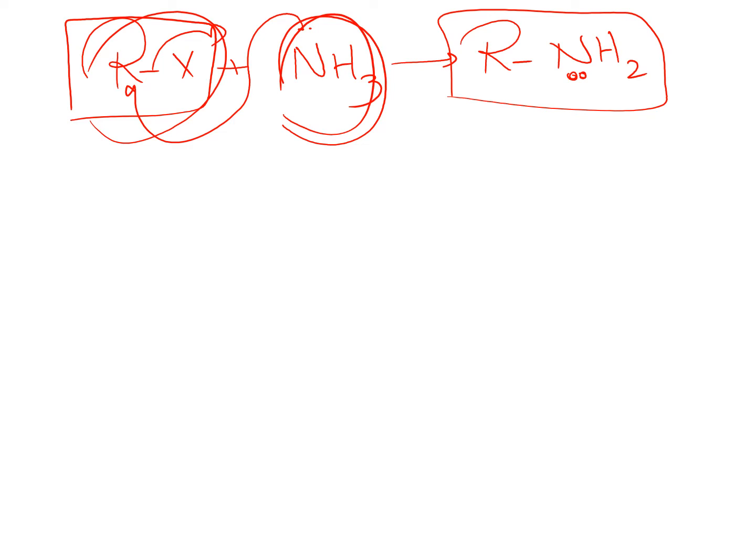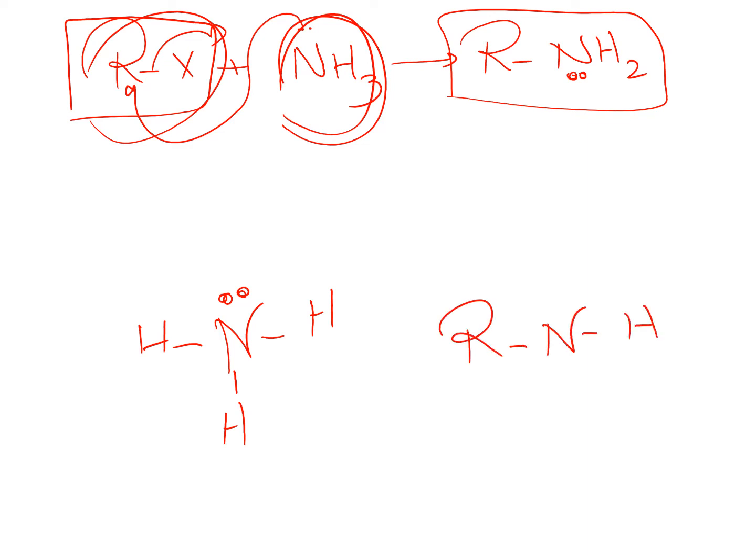Let's look at each one of them. In case of ammonia, the nitrogen is attached to 3 hydrogens, and it has its lone pair of electrons localized in it. In case of the primary amine, you will have the nitrogen attached to 2 hydrogens and 1 carbon. This carbon is electron donating by induction. It produces a plus induction to the nitrogen.